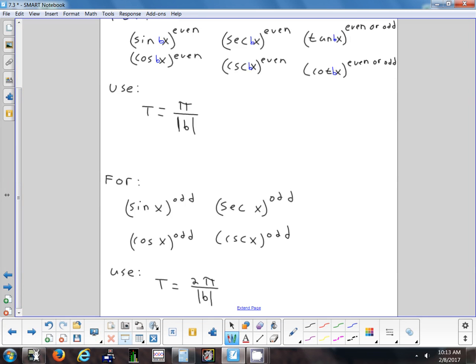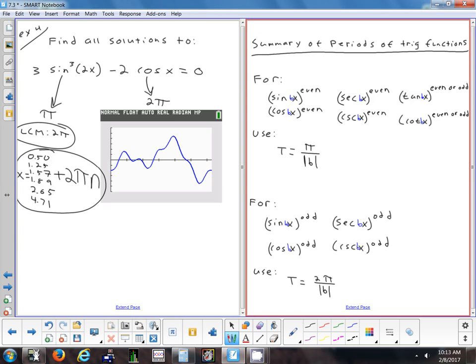And again, these also could have a horizontal stretch in front of the x. So you have to take 2 pi and divide by whatever b is. So let's look at the previous one and see if that makes sense. Sine to an odd power. What formula should I be using? 2 pi over b.